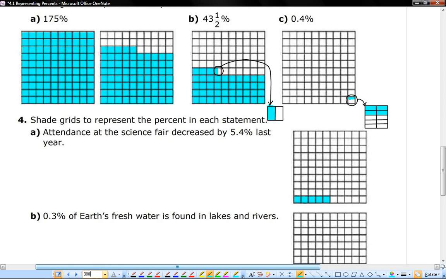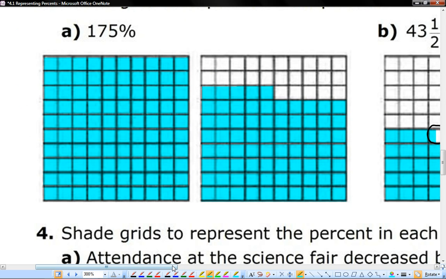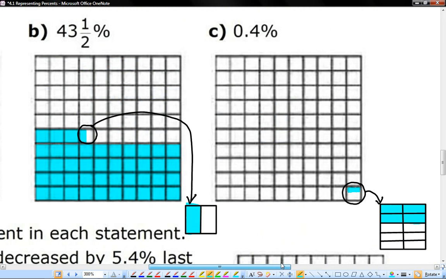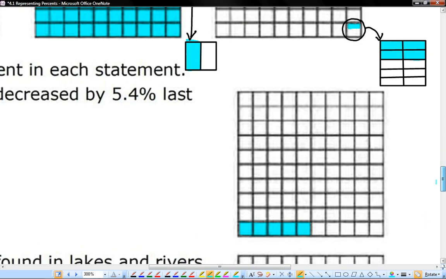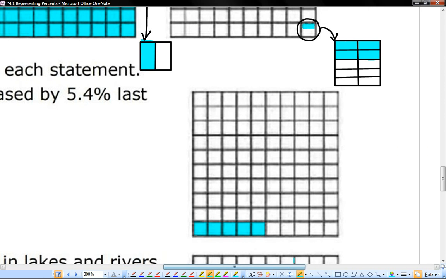So let me zoom in on this to do a careful job of it. And so this last one, I'm going to shade in just 0.4 of it. It looks similar to what we did on the last one.